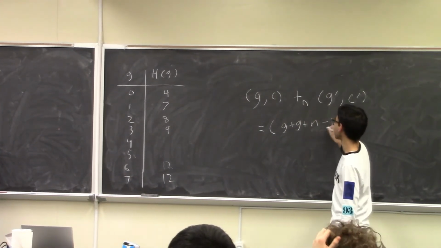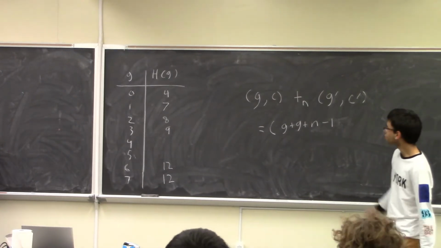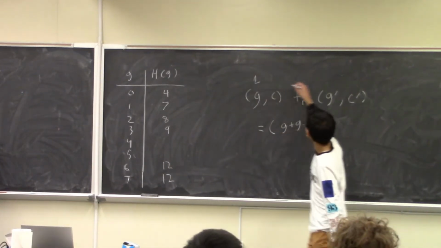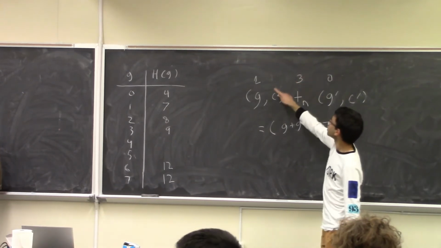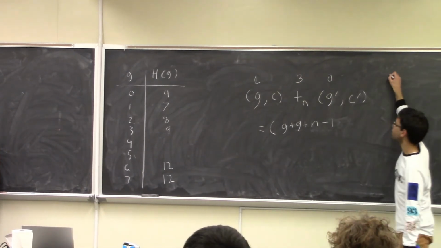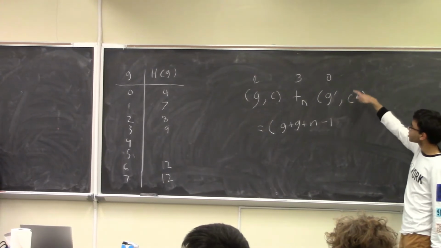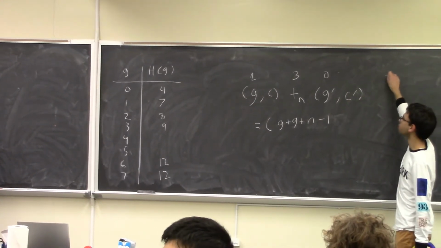For example, if G was 1 and G prime was 0 and n was 3, then the connect sum is going to be genus 3.